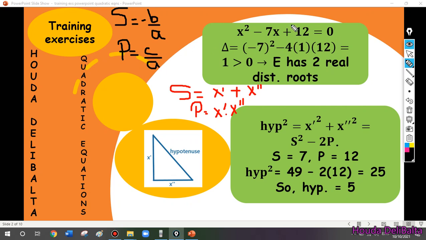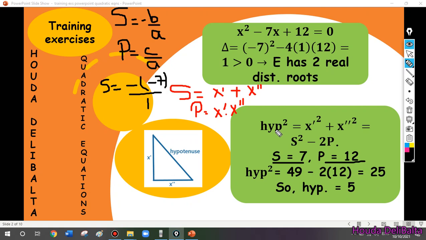Now according to this equation, b is equal to minus 7, thus s is equal to minus minus 7 over a, which is 1, and thus s is equal to 7. For p, it is c, which is 12, over a, and thus p is equal to 12.